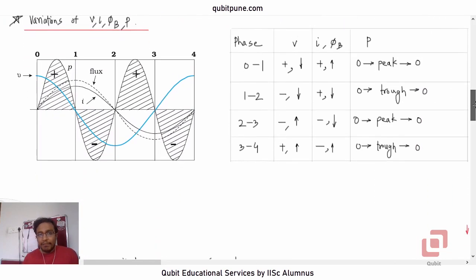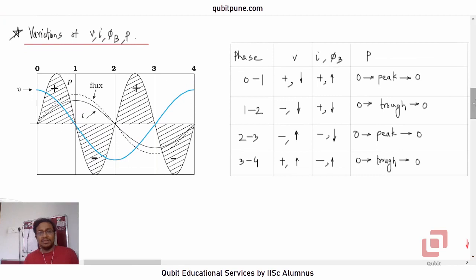Now, this is a graph which will help us understand how the instantaneous power fluctuates in one cycle of alternating voltage and therefore current across a pure inductor. To begin with, I would like you to focus on the blue curve first.